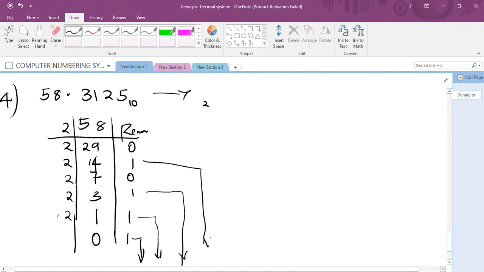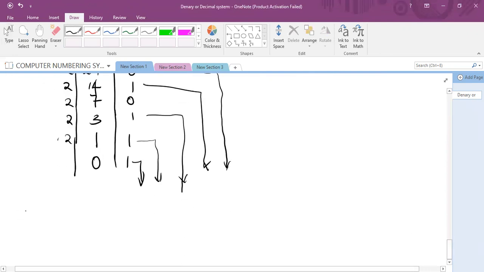This is going to be our answer in binary. So that's going to be 111, and then there's 0 here. So there's 0, then 1, 1, then 0, finally. Okay, so 111010. That's what we have.